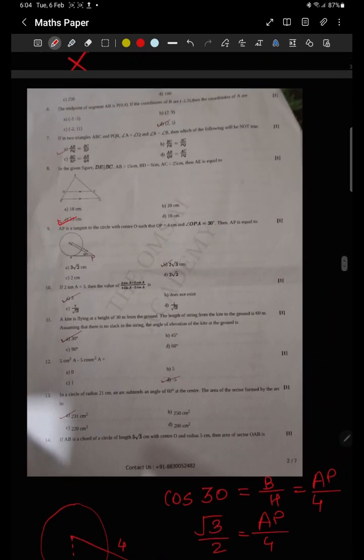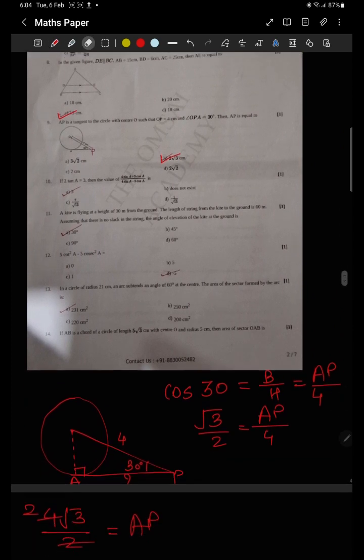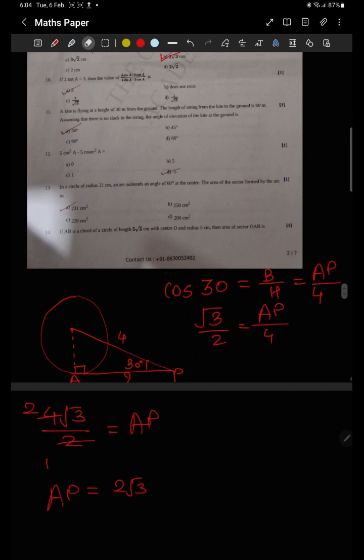So 4 is in division. While shifted to LHS, it will be multiply. It will become what? 4 root 3 by 2 is equal to AP. 2 ones are 2, 2 twos are 4. So my AP is equal to 2 root 3. Okay, so my option number B is correct. Okay, understood? So we will move towards the question number 10.